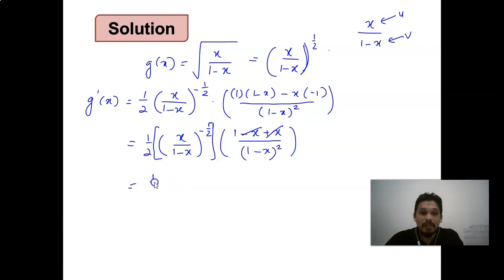And for this, we may simplify as 1 over 2 times ((1 minus x) divided by x) to the power of half, without negative anymore. So then this one here, 1 divided by (1 minus x) squared.